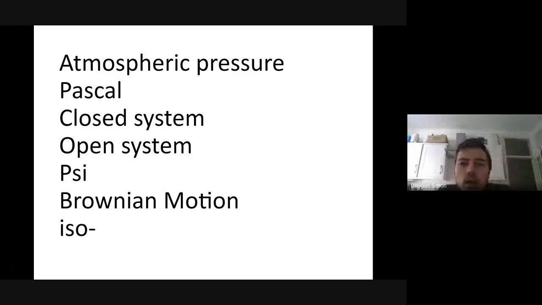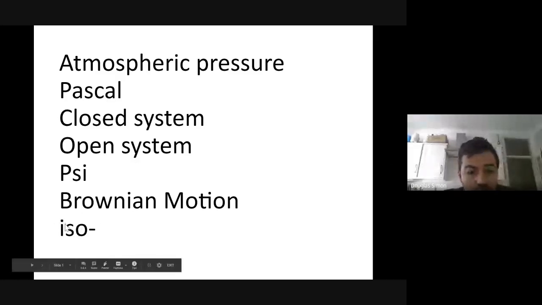Although it's kind of obvious these days, it's really a revolutionary discovery, because it really did prove the existence of atoms. Einstein did a lot of work on this, and obviously he wouldn't have been working on something if it wasn't really, really important and worthwhile. Iso is a Greek prefix meaning the same, so isothermal, the same temperature.